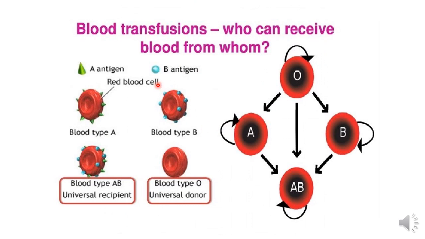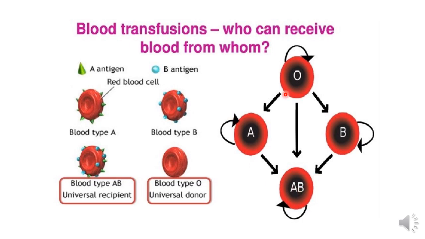So here is an overall picture of how the blood groups work and who can receive blood from whom. In this map you can see which blood groups can donate. So if you can see here, the O can give to all blood groups. However, the AB can give to no other blood groups, but it can receive from all the blood groups.